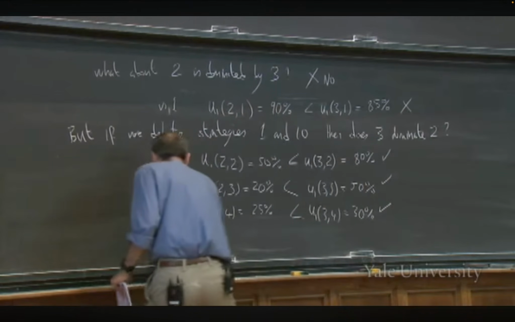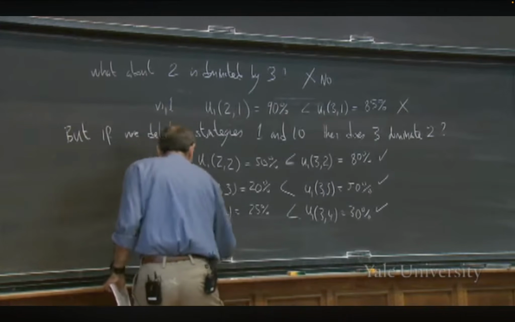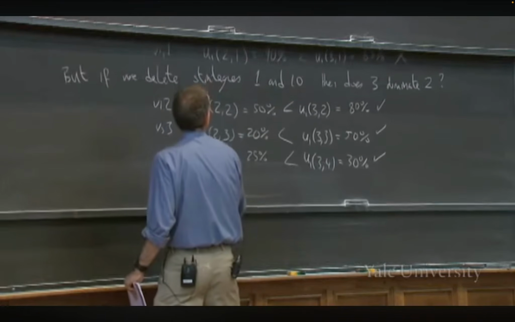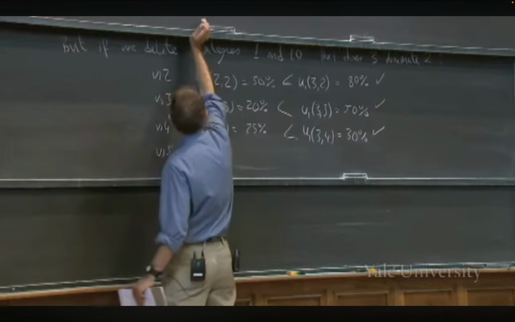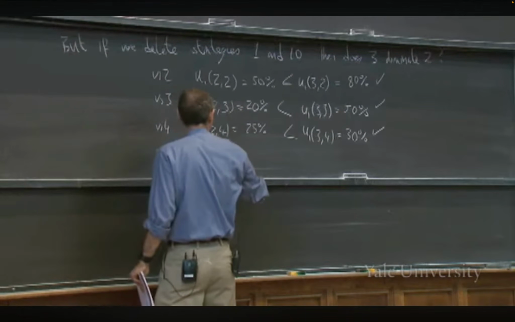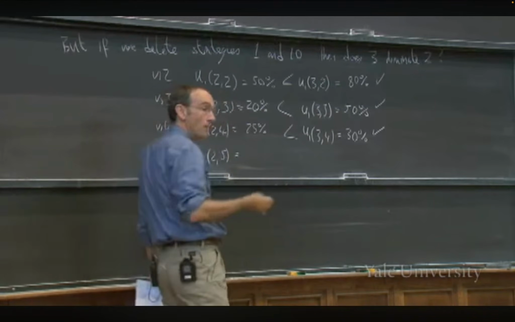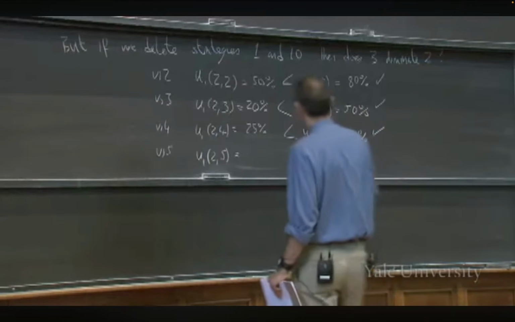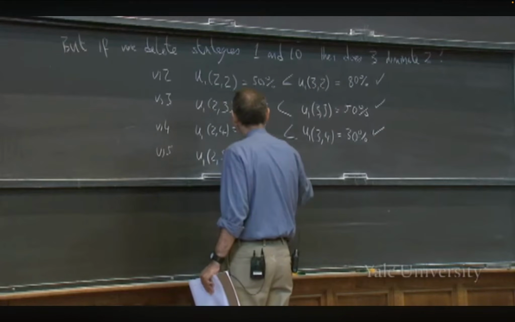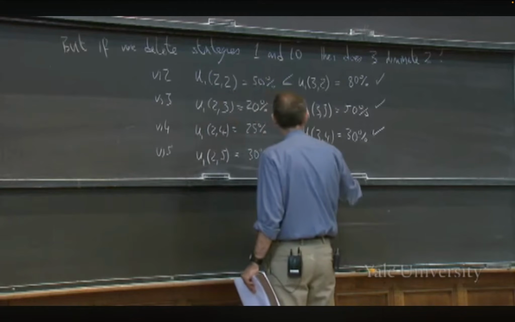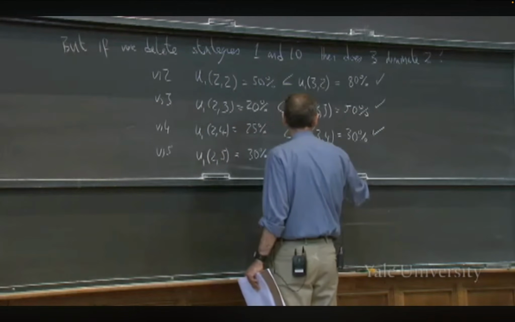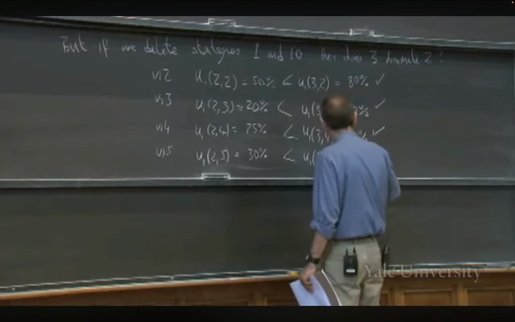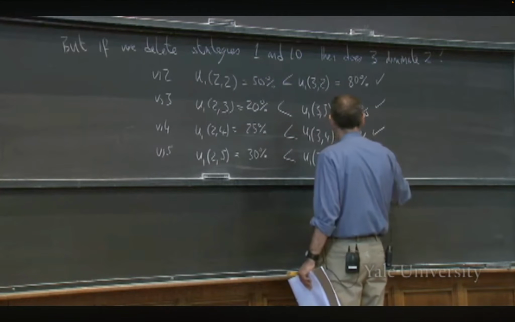Now let's do one more. Versus 5, the payoff from choosing 2 against 5 is all the people at 1, all the people at 2, and all the people at 3, 30%, whereas the payoff from choosing 3 against 5 is all the people at 1, 2, 3, and half the people at 4, 35%.